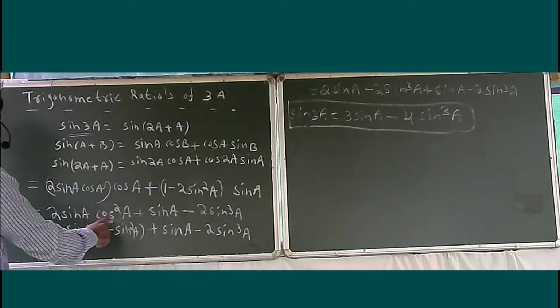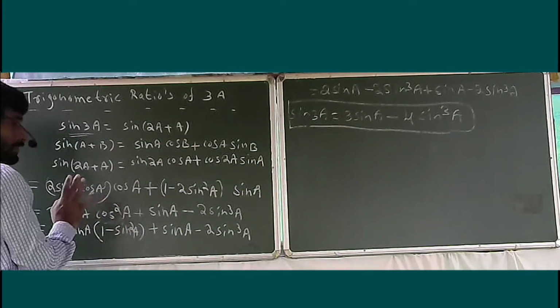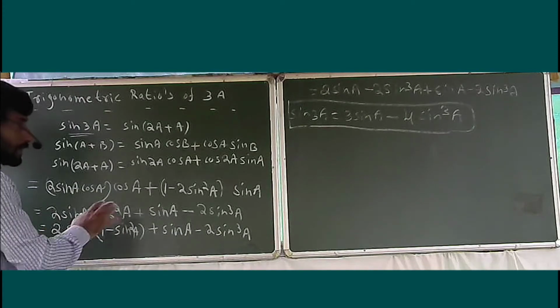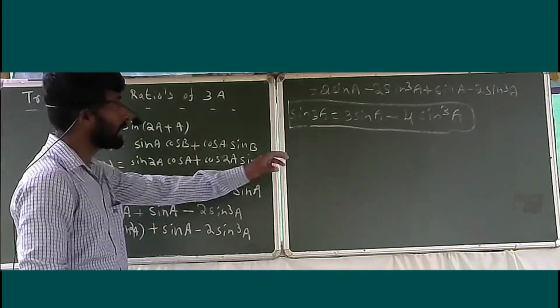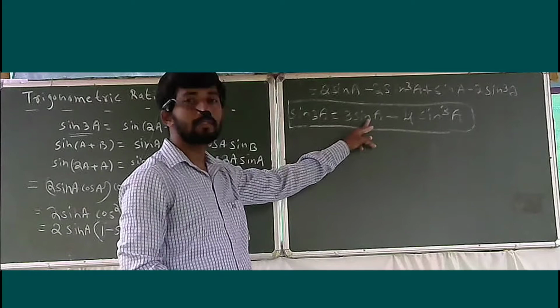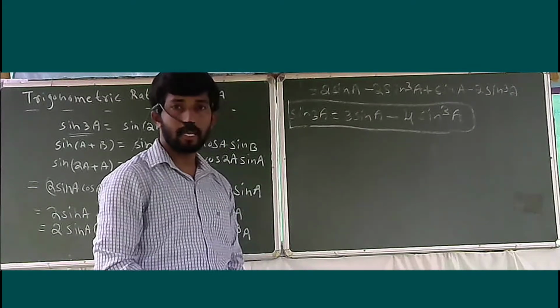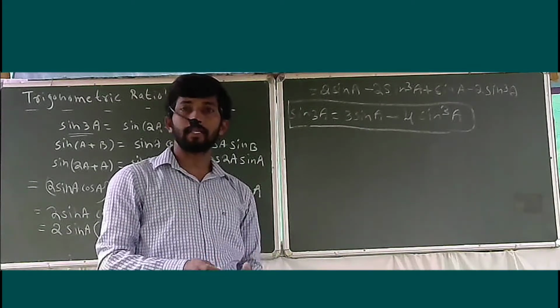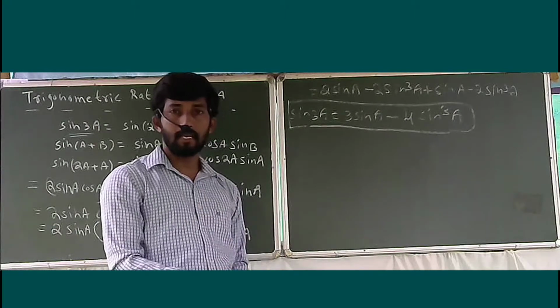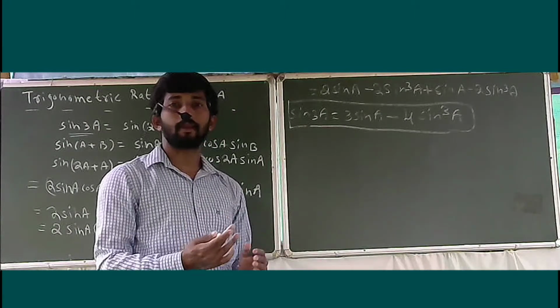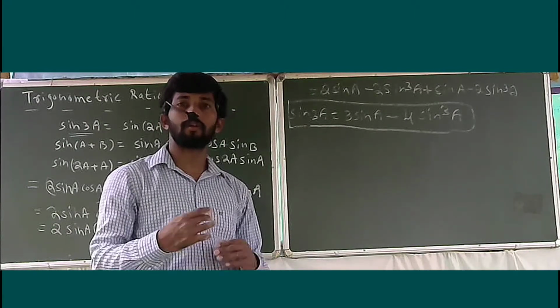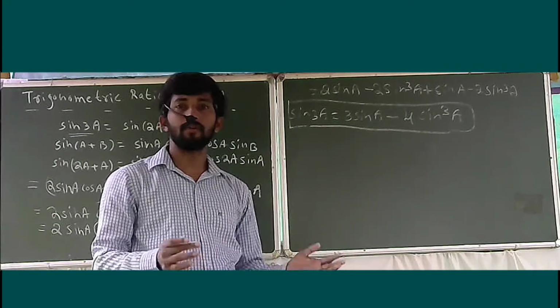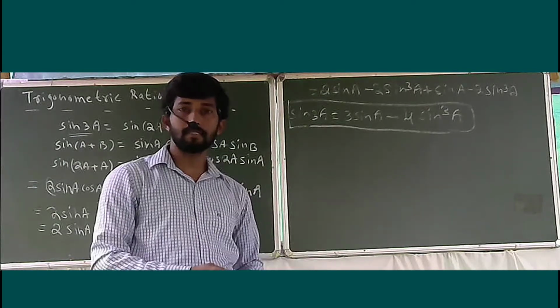So you are writing cos square a as 1 minus sine square a. Then simplifying, you will get sine 3a equal to 3 sine a minus 4 sine cube a. While proving the formula for sine 3a, after applying sine of a plus b formula, you need to convert cos function into sine using previous formulas.